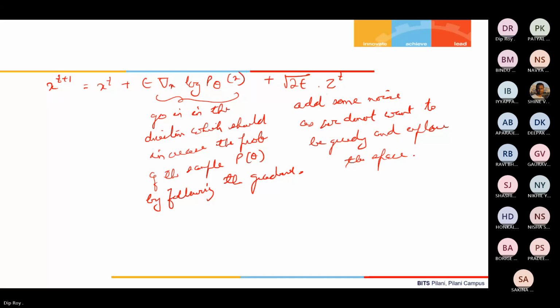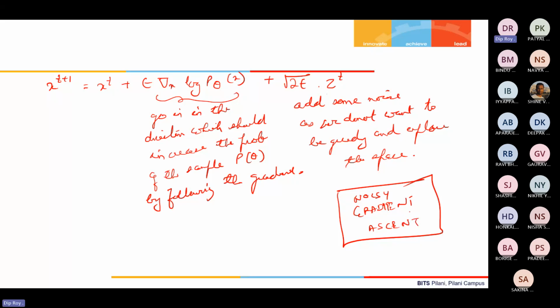That is the reason why we add some noise here. And what this entire thing is saying, and remember, this is nothing but a form of noisy gradient ascent.